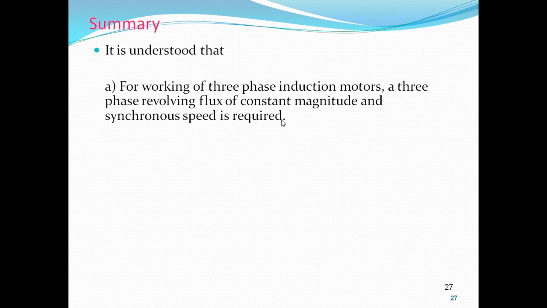That means when we give a three-phase supply to a three-phase winding, it produces a rotating magnetic field of constant magnitude. What is that value? The resultant flux is 1.5 times the maximum flux.